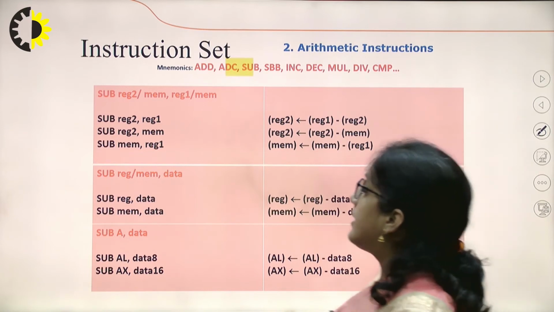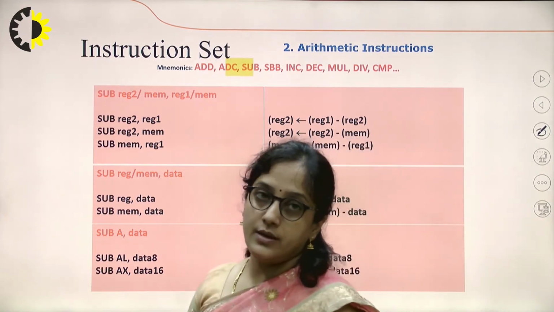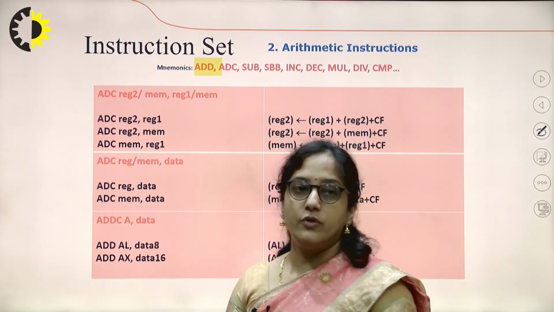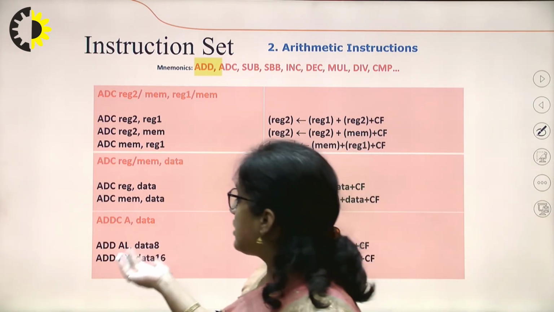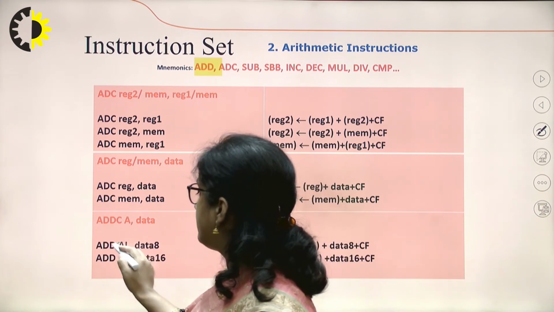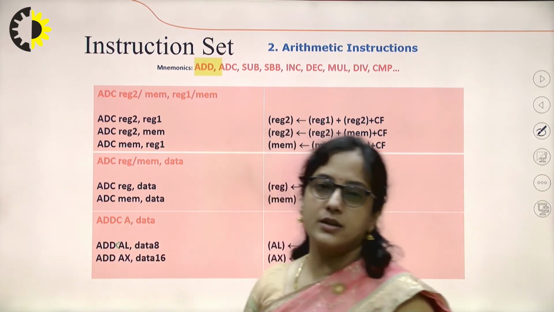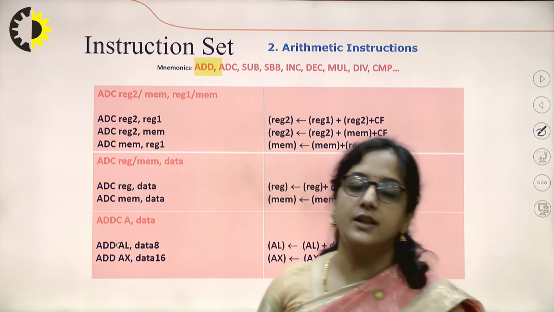Okay. Next group is SUB, that is subtraction. Before subtraction, I am going to discuss addition through carry. This is the next addition operation, where we consider a previous carry.